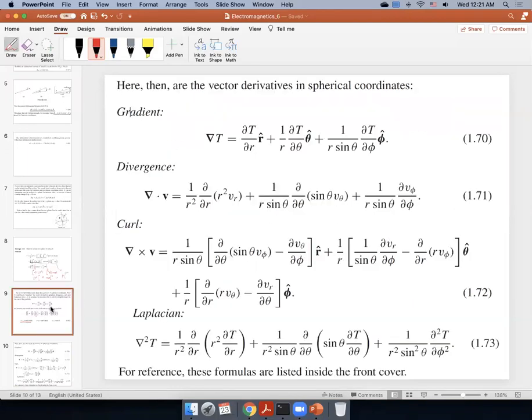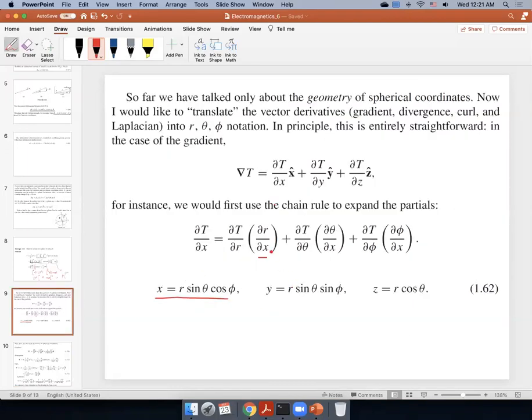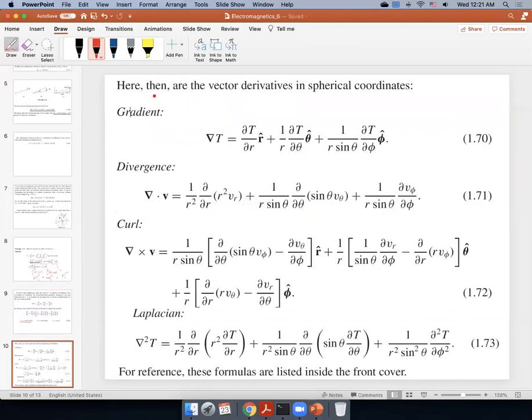And then here we don't derive it from scratch. It will cost a long time. So what we are giving here are the final equations for the gradient, divergence, curl, Laplacian.